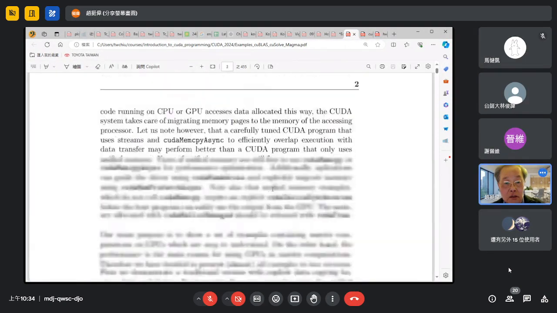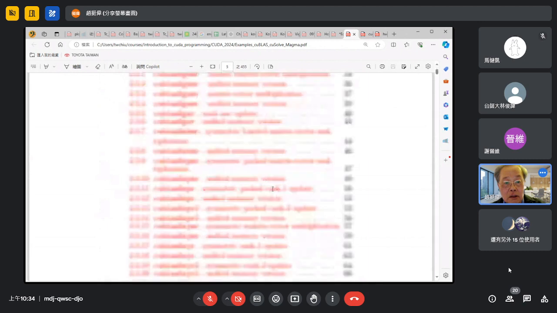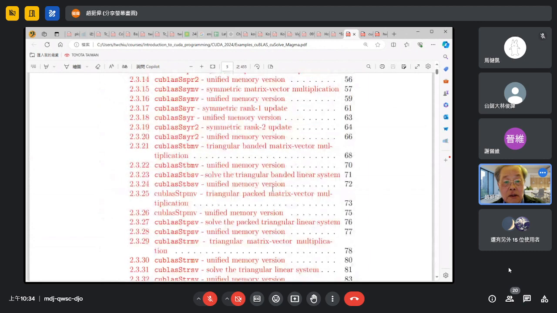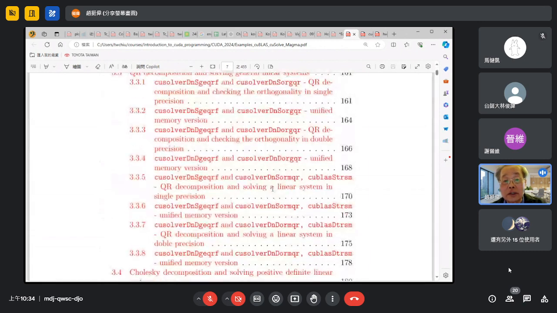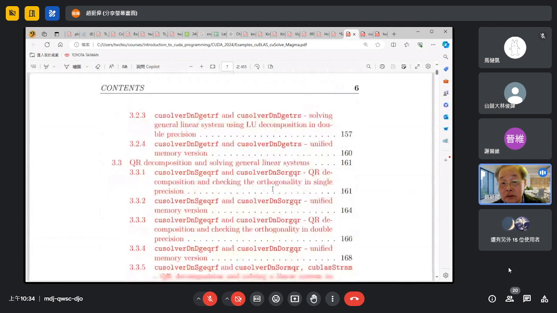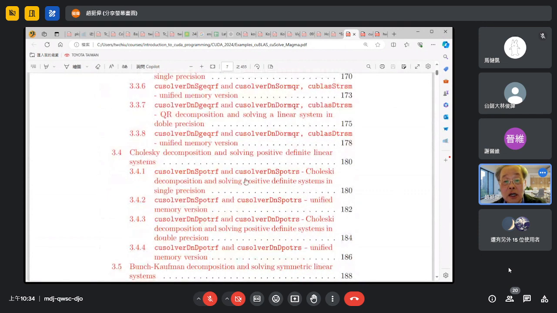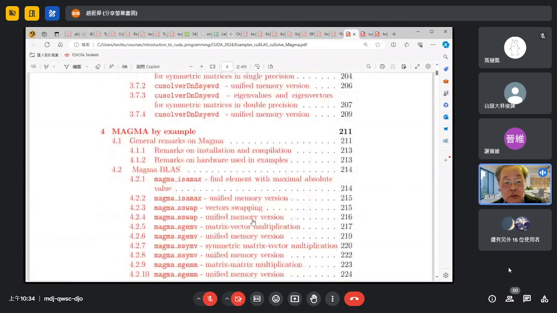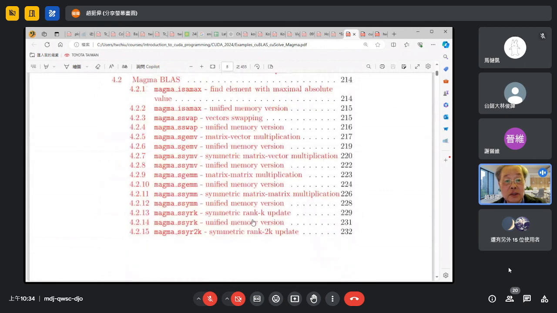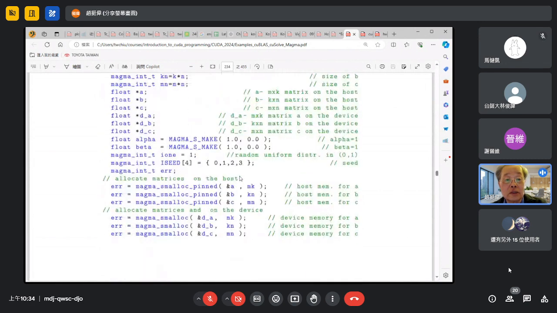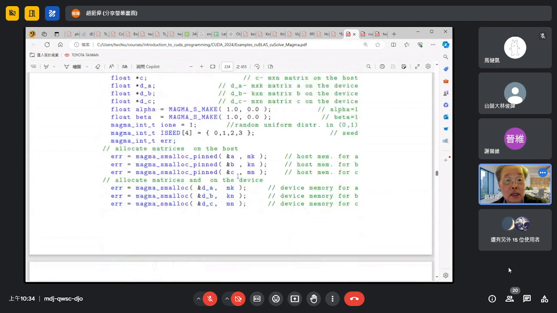So you can just look at these examples, and then you can know how to call these routines explicitly. For example, this is matrix multiplication, SGEMM.